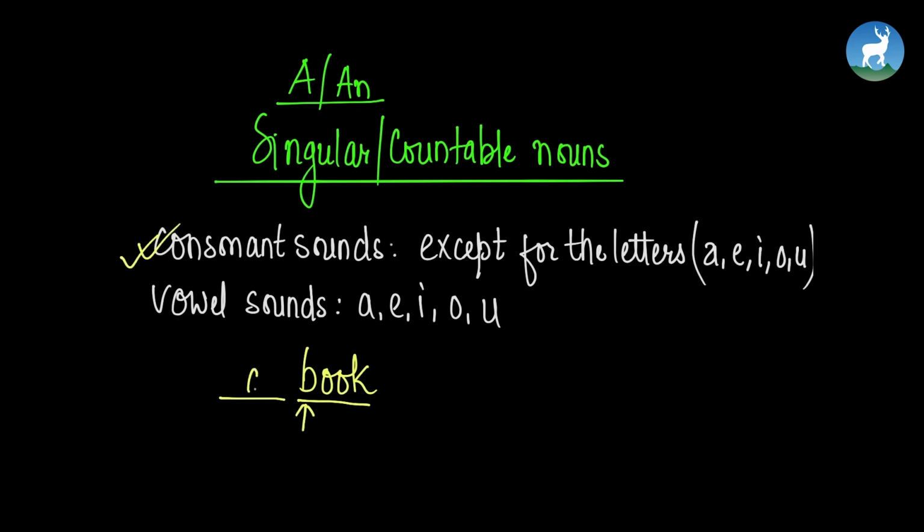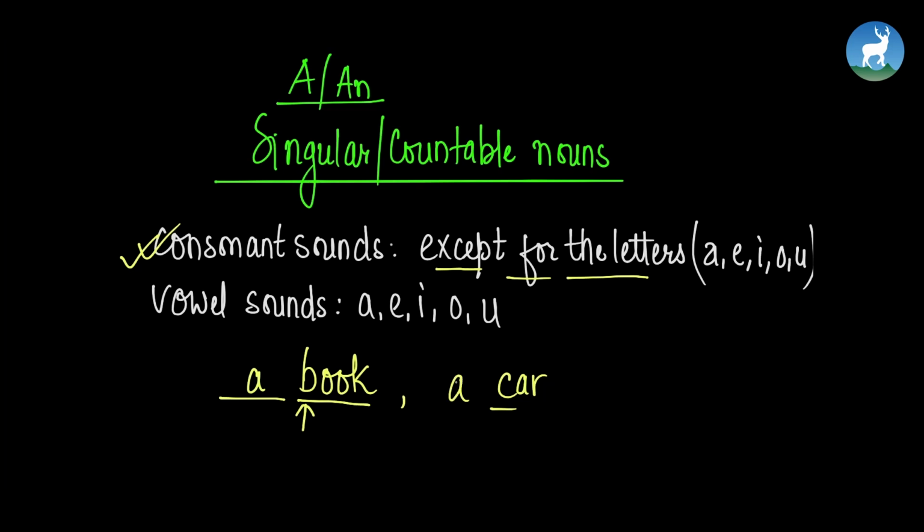So we use a book. Likewise, same is the case with a car. What's the first sound when we pronounce the word car? It's K. So does it come within A, E, I, O, U? No, it does not. So except for the sounds of A, E, I, O, U, we use a car.